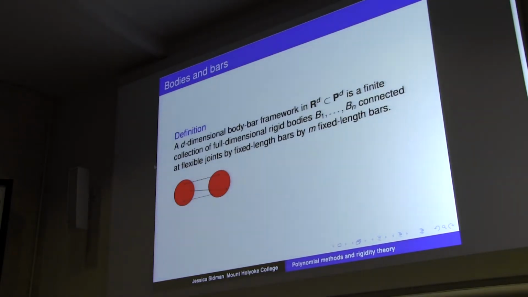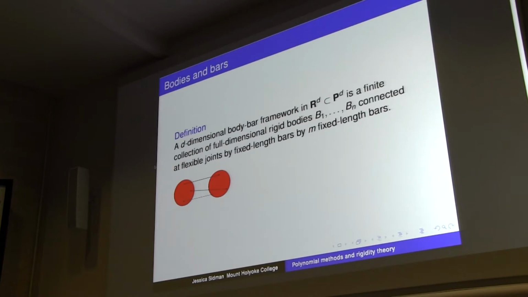So what is a body-bar framework? It's in R^D, and I'm going to embed R^D into projective D space. So I'm going to have n full-dimensional rigid bodies in R^D embedded in P^D, connected at flexible joints by fixed length bars.